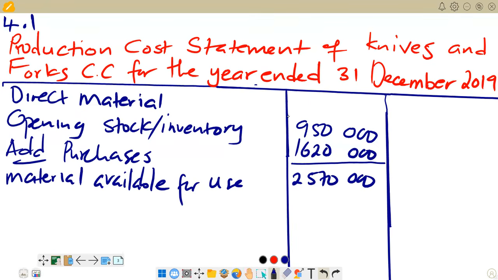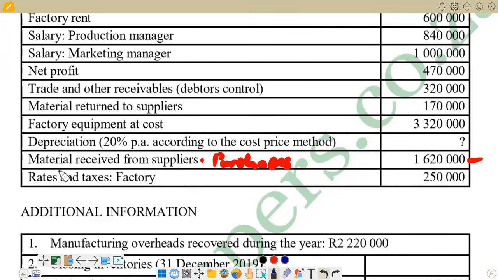There we also check if you've got some returns of these purchases. If you try to find out here, you find that we have got the materials returned to suppliers. These are worth 170,000. So we're going to subtract them. Remember, they are going to be returned, so they are not going to be used.